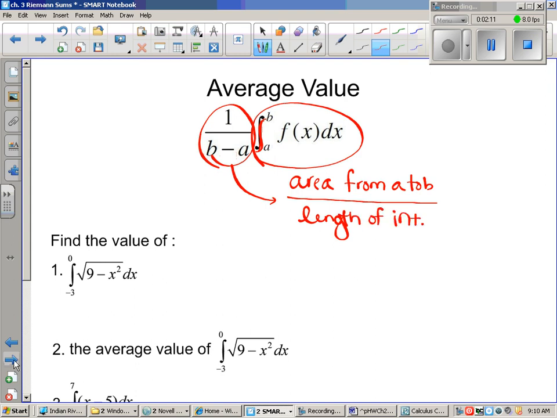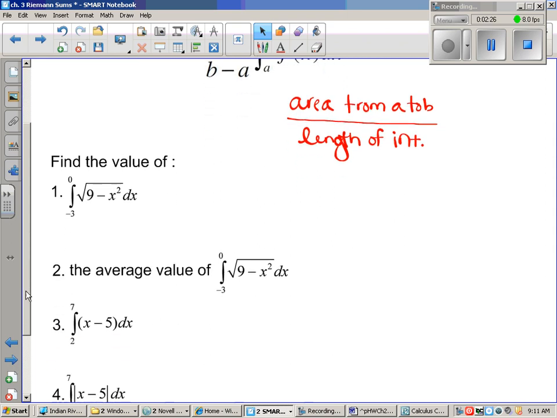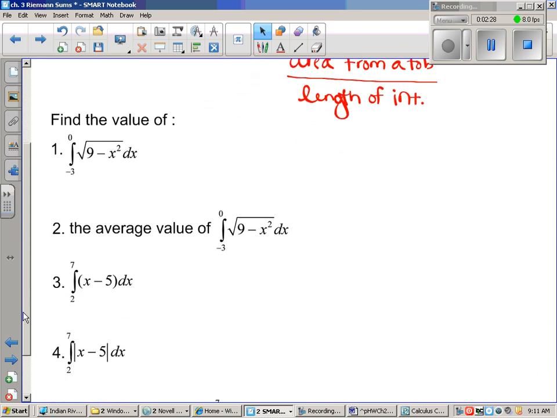This is the formal way of interpreting average value: area from A to B divided by the length of the interval, A to B. That's what that is intending to show you. So that is the mathematical way of expressing the same thing that you did already.